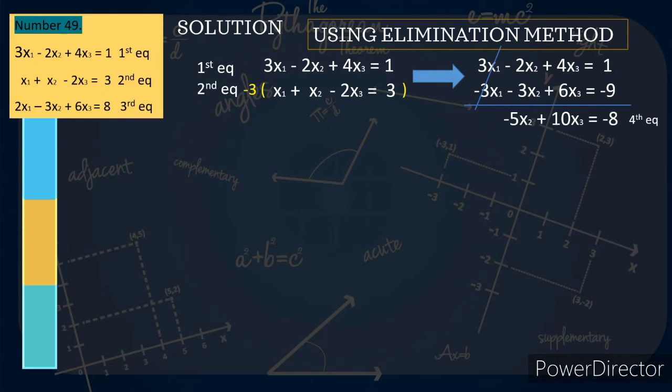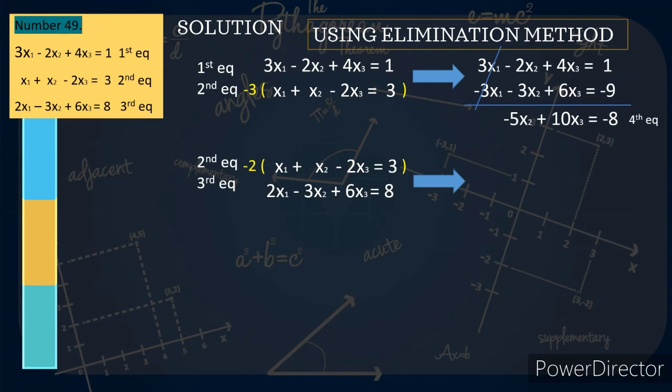Next, we do the elimination method for the second equation and the third equation on the given. I also want the x sub 1 to be eliminated for these two equations. So, we multiply the second equation by negative 2, and it will now be negative 2x sub 1 minus 2x sub 2 plus 4x sub 3 equals negative 6.